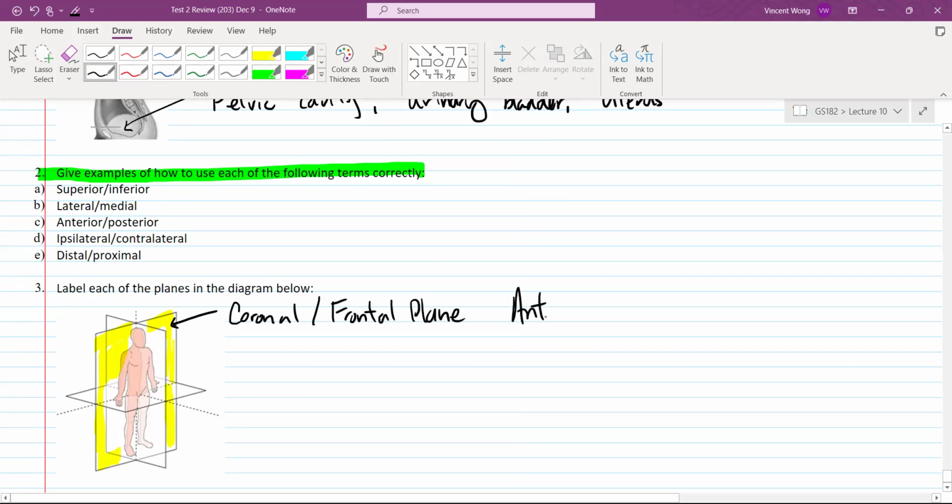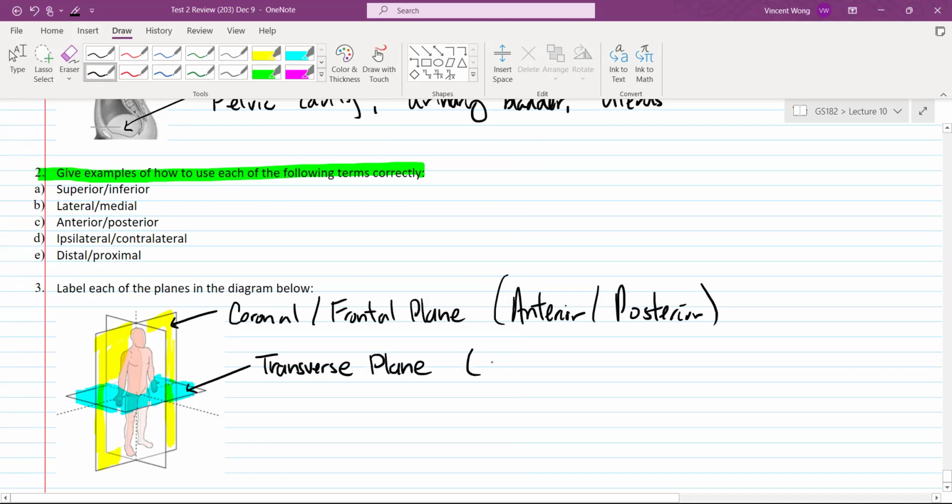Anterior, posterior cut. We're going to have this blue one right here that cuts it into top and bottom, the transverse plane, superior, inferior.